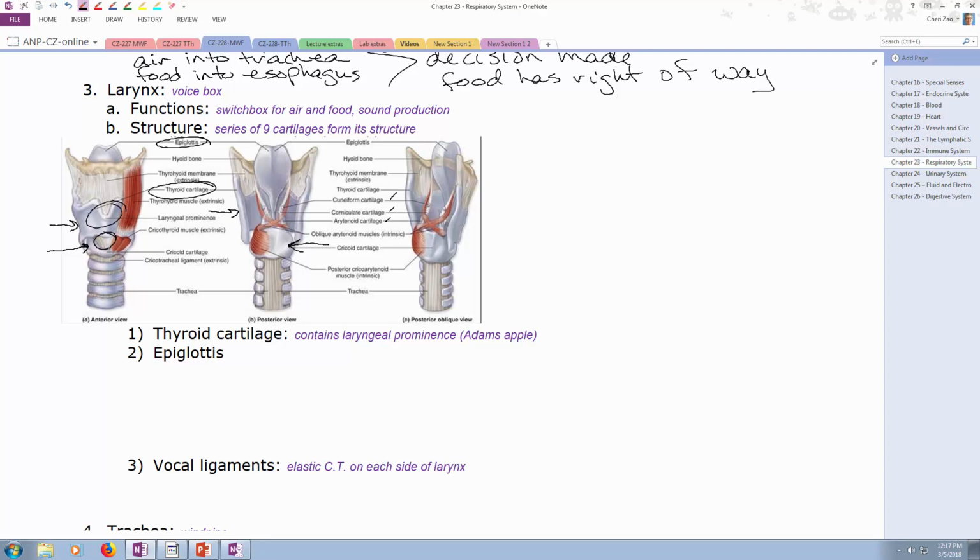So MacGyver is that person that has this bag full of tricks because of knowledge and simplicity. And because of that knowledge and simplicity, knows that if somebody has an airway obstruction superiorly, you can create an artificial airway by piercing this because you have no structures in front of it that will cause you problems.